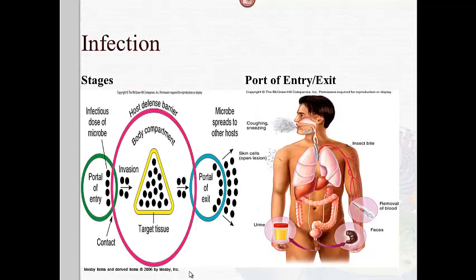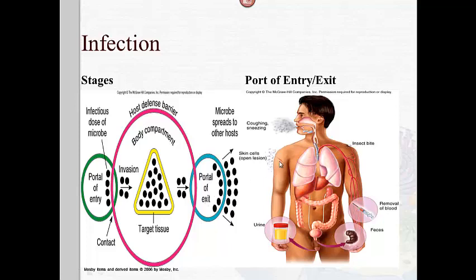Now this is to illustrate again the port of entry, the host defense barriers, which is no more than your immune response, and how once a disease process will start, the microorganism, besides choosing a port of entry, would also choose a port of exit to continue spreading the disease.